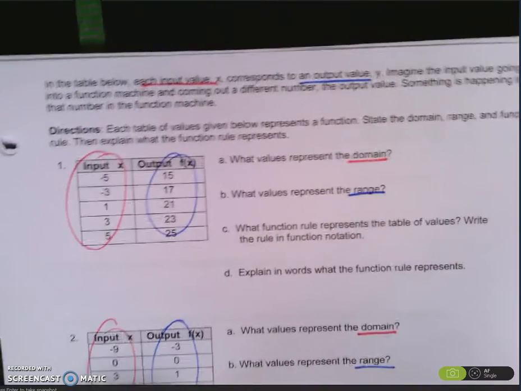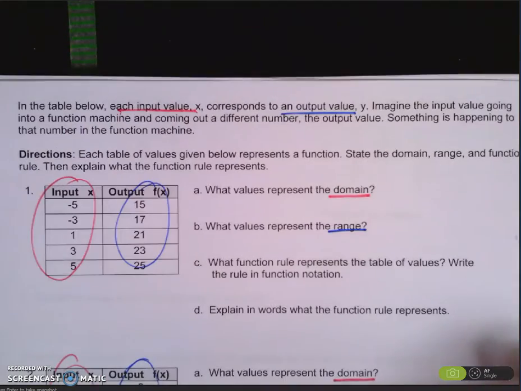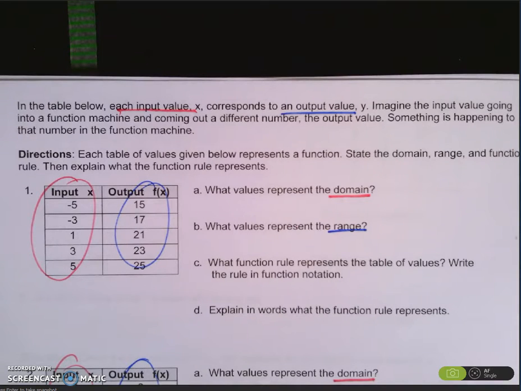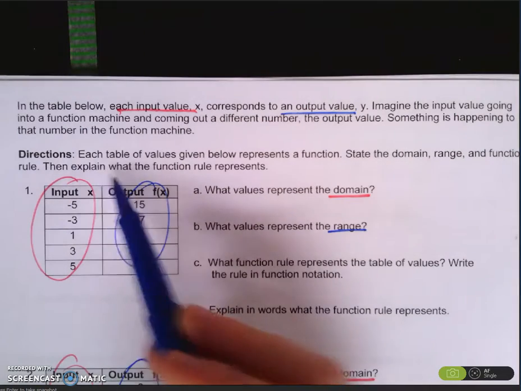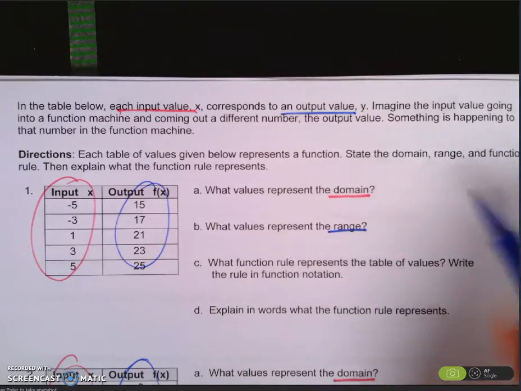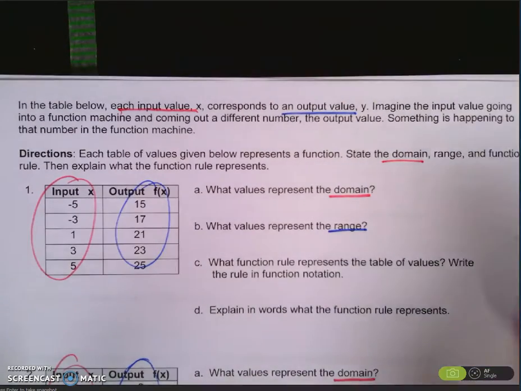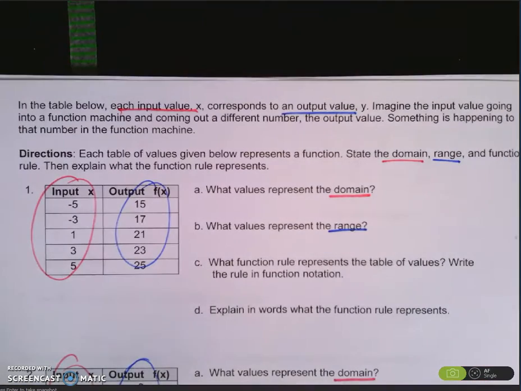Imagine the input value going into a function machine and coming out a different number, the output value. Something is happening to the number in the function machine. Let's look at the directions. Each table of values given below represents a function. State the domain, remember that's the x values, the range, that's the y values, and the function rule. Then explain what the function rule represents.